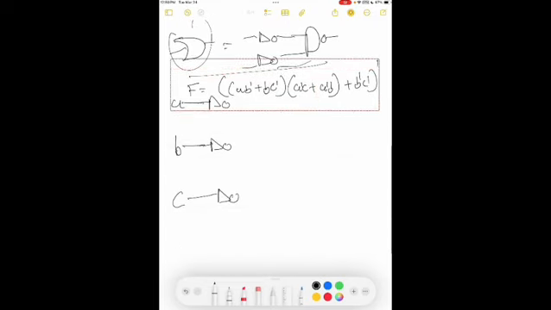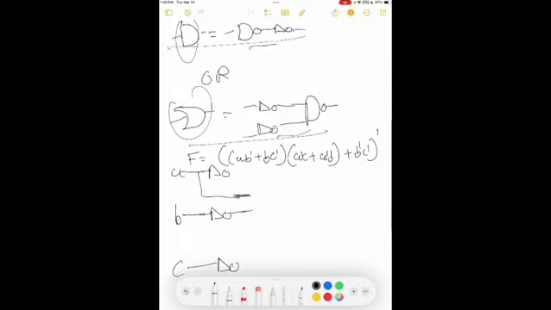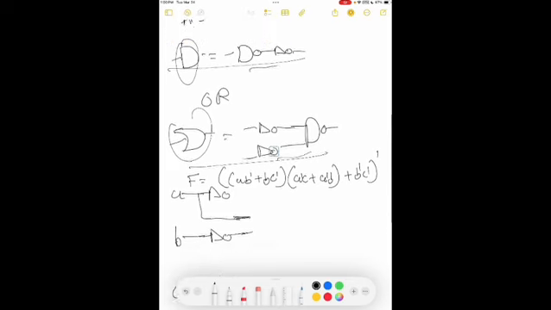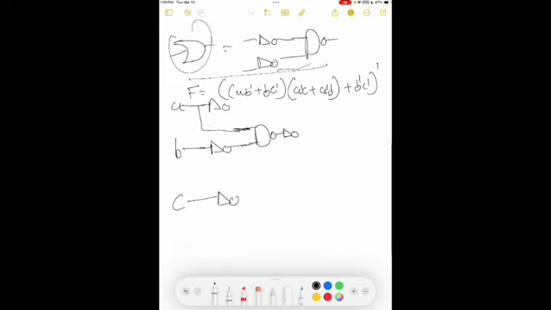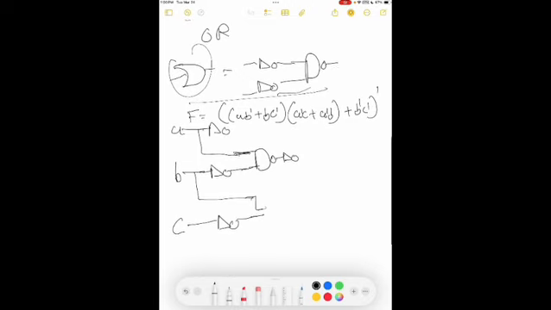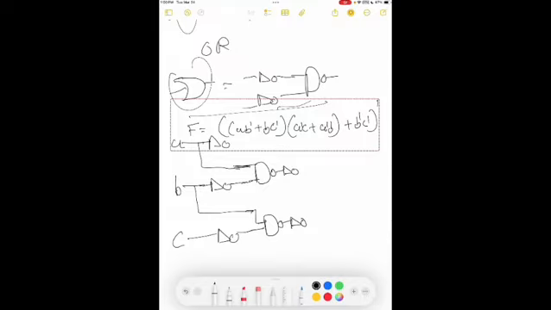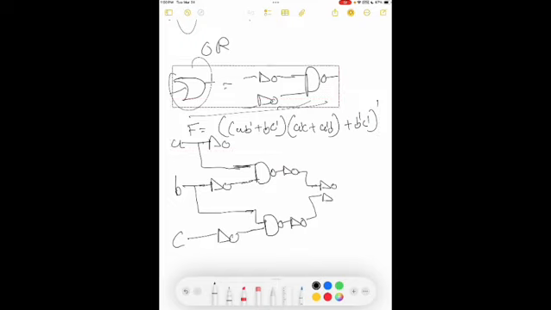Okay, so the first is A B prime. It is using AND, but we are going to replace AND with this thing. Then B C prime, once again AND, we replace it with this thing. Then it has an OR in between, so we replace OR with this thing.